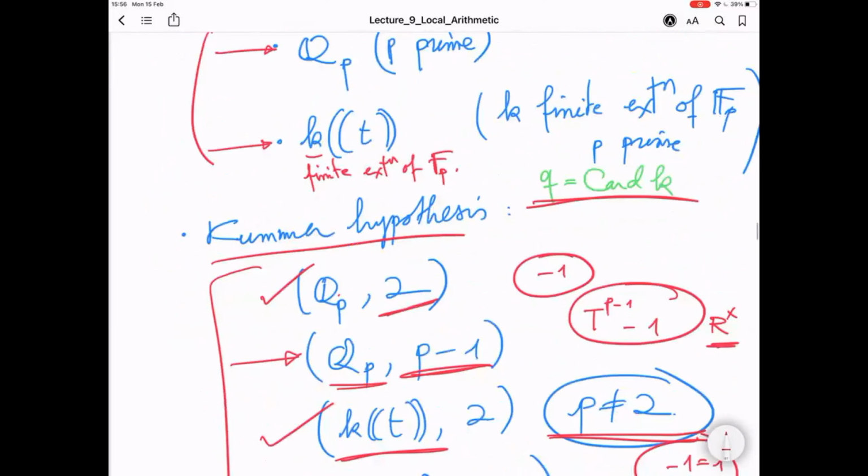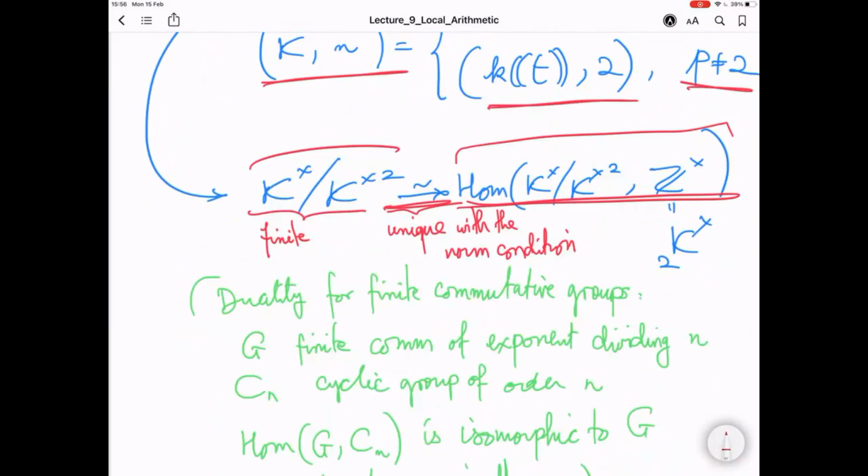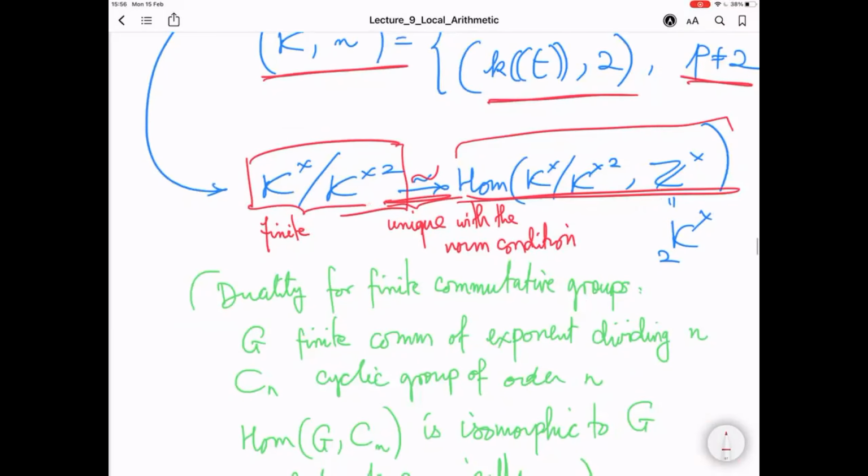What is the Galois group? And this isomorphism answers that question. It says that the Galois group is just canonically isomorphic to K star modulo squares. Canonically, in the sense that there's a unique isomorphism which satisfies some norm condition.